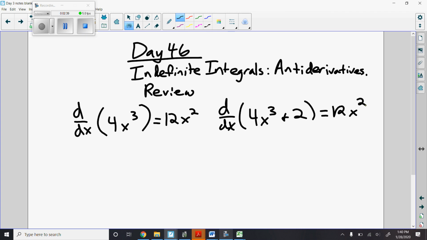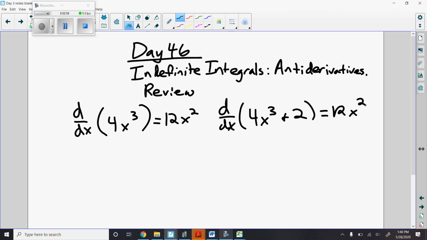Now, when we do derivatives, we know that anytime we do the derivative of a constant, we get 0. We're going to have to account for that fact when we do antiderivatives. When we go backwards, we have to account for the fact that we don't know, right?